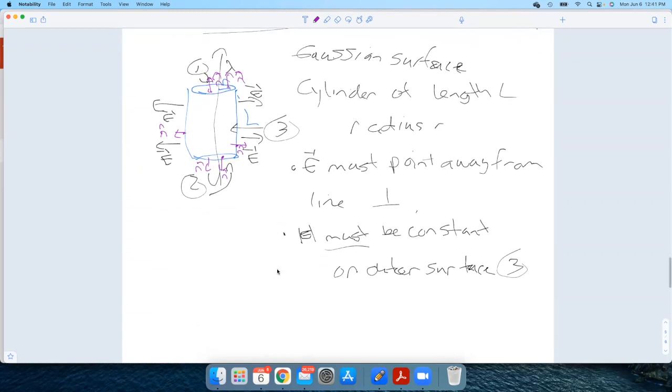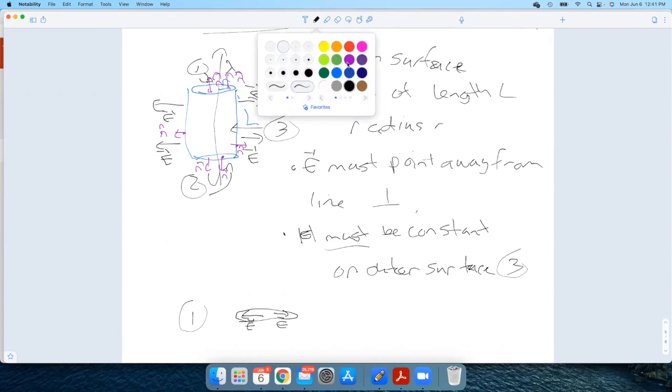Okay, so notice up here on surface 1, let's redraw that. So for surface 1, I've got the top of a soup can here. E is pointing like this. My normal vectors are pointing like this.